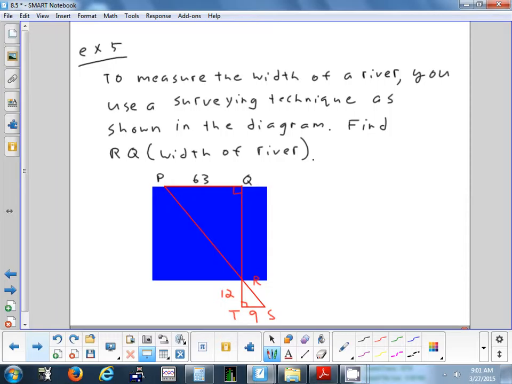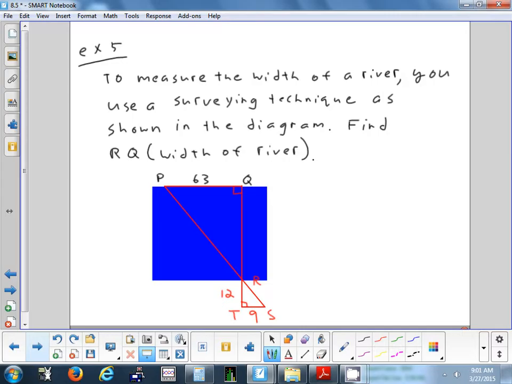So what a surveyor does is they go out and set up their tripod on one side of the river, and they measure some distances from where they're standing to the river, and a few other distances that would be easy to measure because they're all on land. So those are the easy ones, the 12, the 9, and the 63.